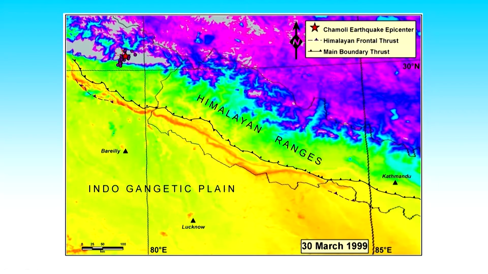When we analyzed further, we found this is the anomalous region, and that there is the Himalayan frontal thrust, along which this thermal line or thermal anomaly was observed. The earthquake and aftershocks were here, and about 60-70 kilometers south of this the anomaly was seen.